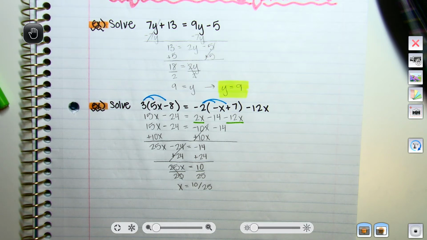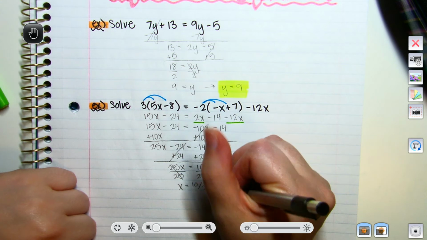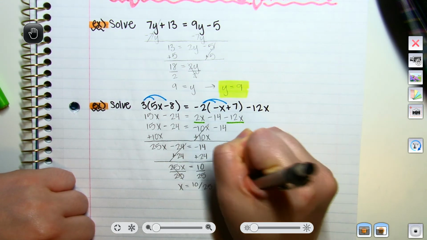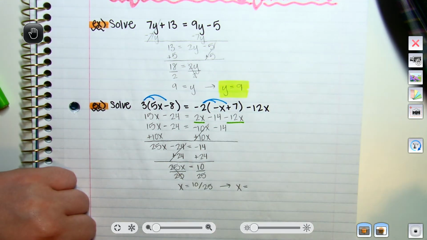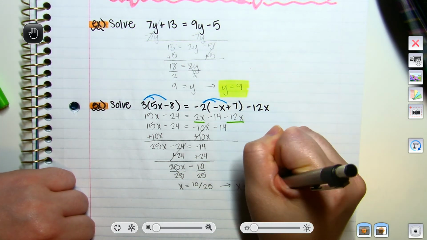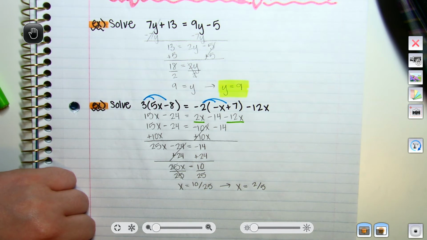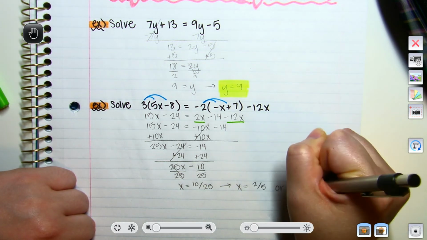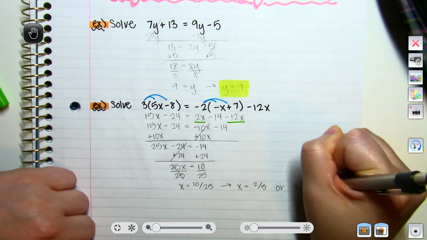It can be reduced. 5 goes into both of those numbers. So I can write this as x equals, 5 goes into the top twice, 5 goes into the bottom 5 times. So I can write this as 2 over 5, or if you prefer to write it as a decimal, you can write it as 0.4.